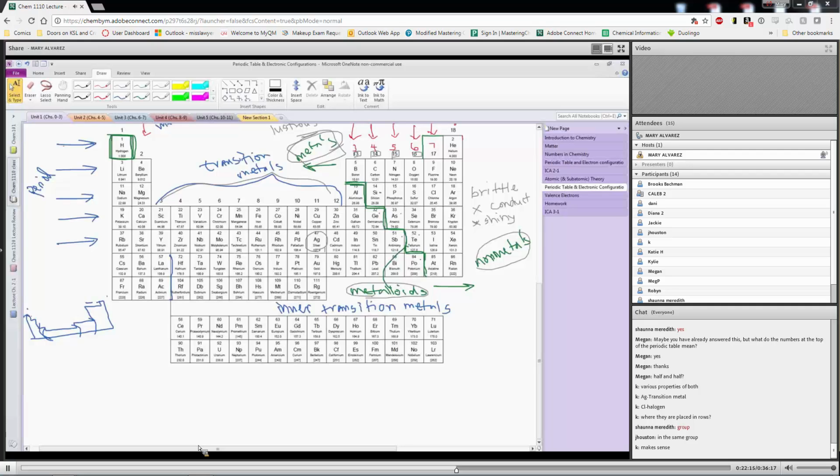So we're going to call this next section electron configurations, because we're looking at how the electrons are configured on the exterior surface of the atom. So here we go, electron configurations.